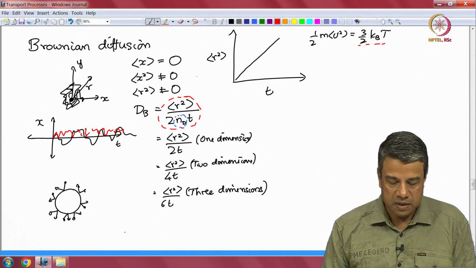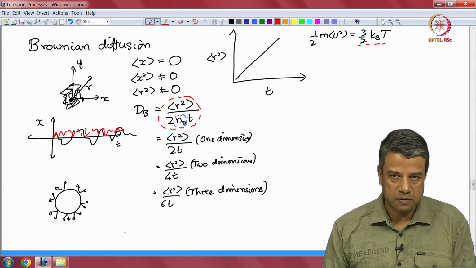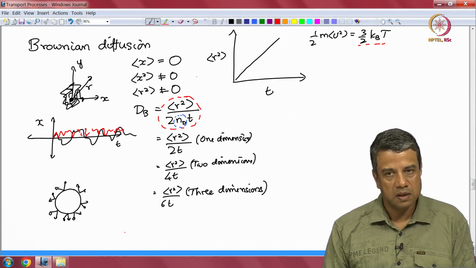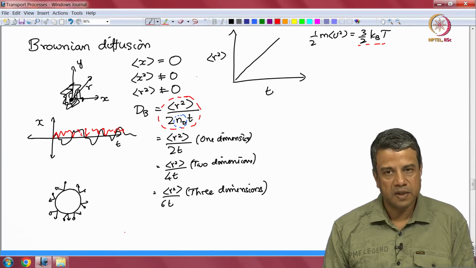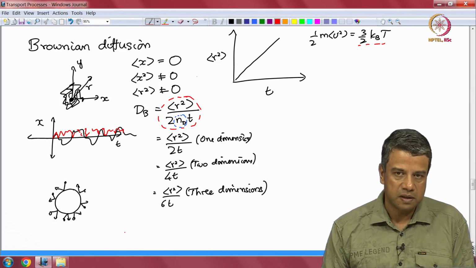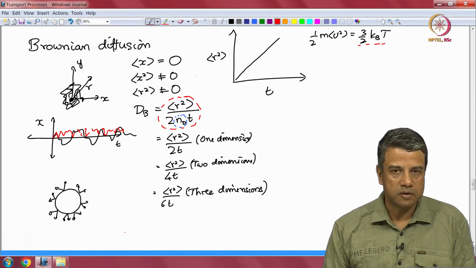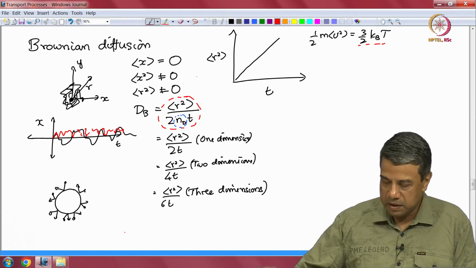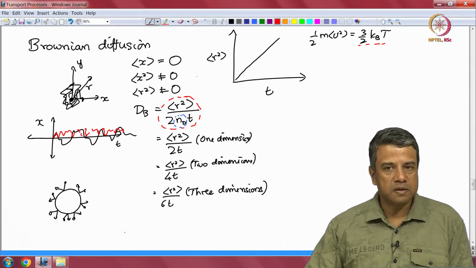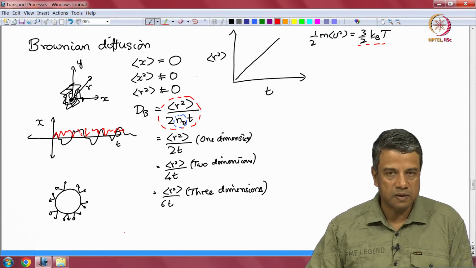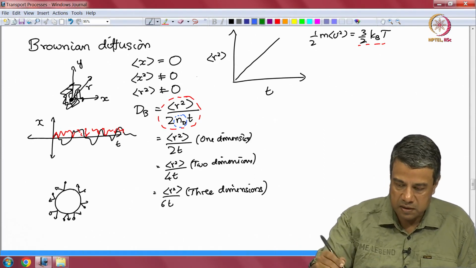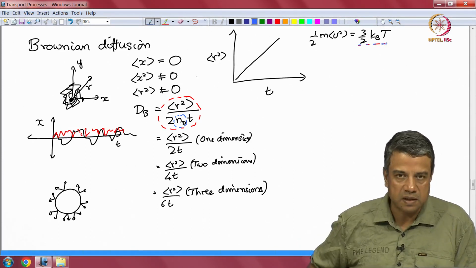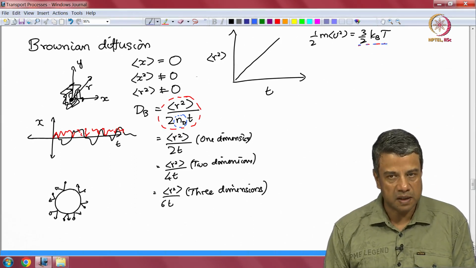However, the square of the displacement is non-zero, and in Brownian motion the square of the displacement increases proportional to time. That is, displacement squared divided by time is a constant, and that constant is proportional to the Brownian diffusion coefficient. And that Brownian diffusion coefficient depends upon the molecular fluctuating velocities, because it is this molecular motion that is causing the fluctuations in the particle velocity.